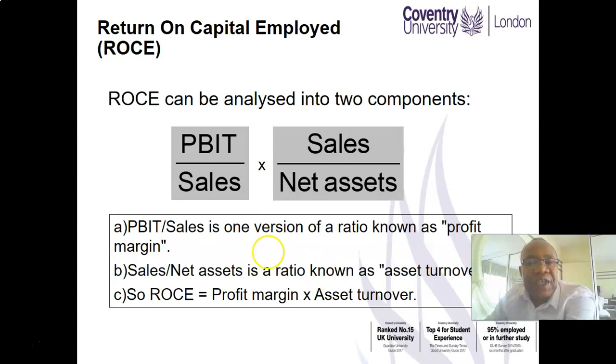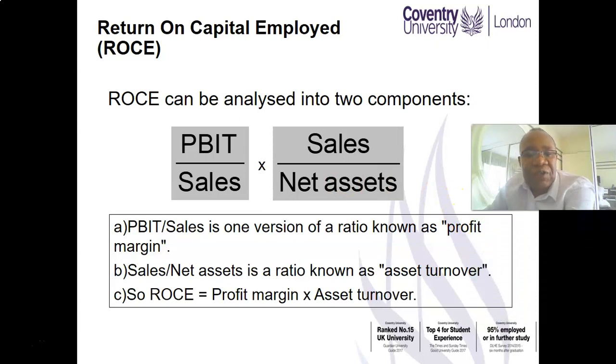And as you can see, in this multiplication, the sales cancels out with the sales, which leaves us with the formula we had earlier. The profit before interest and tax divided by sales is one version of this ratio, which we refer to as the profit margin, whereas the sales over net assets is referred to as the asset turnover.